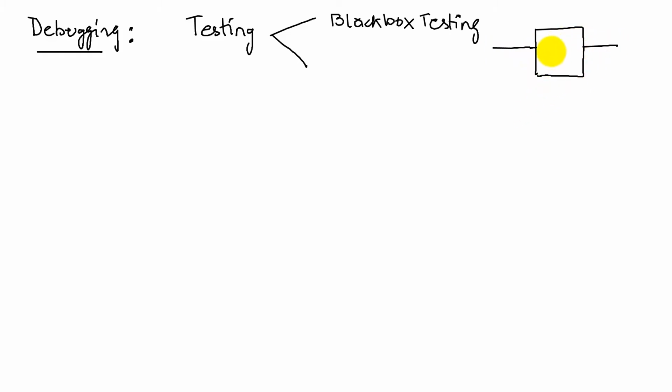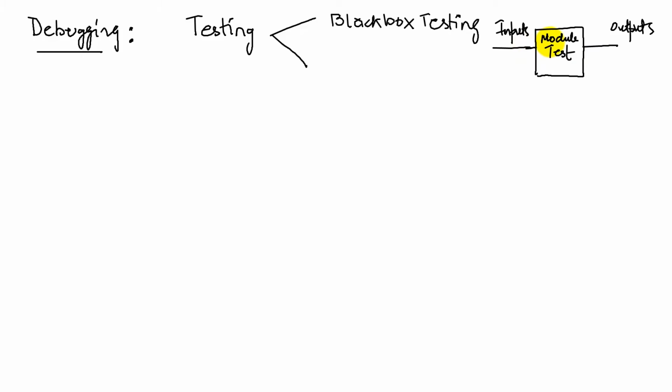So this is the box we are trying to test, some module that we are trying to test. It's a software module, let's say, module to test, and we subject it to inputs. We know how it's supposed to react, so we know what our expected outputs are. So in black box testing, then, we do not look into the box.